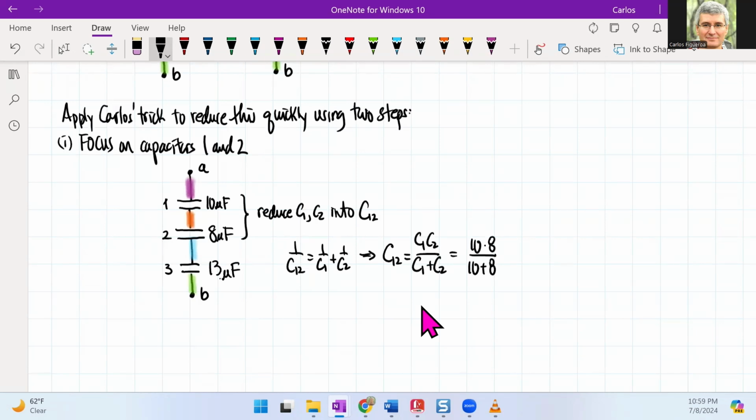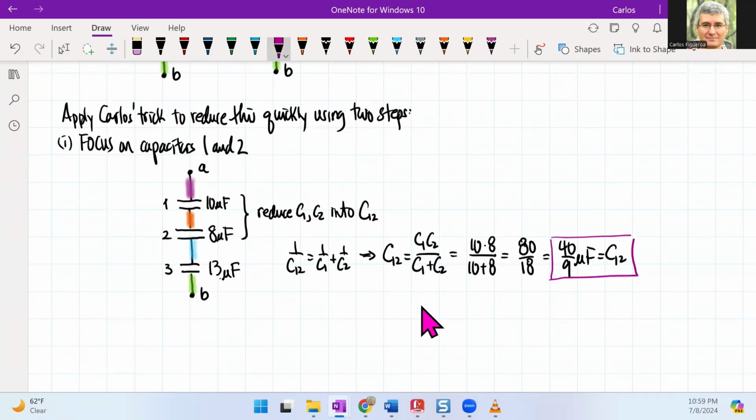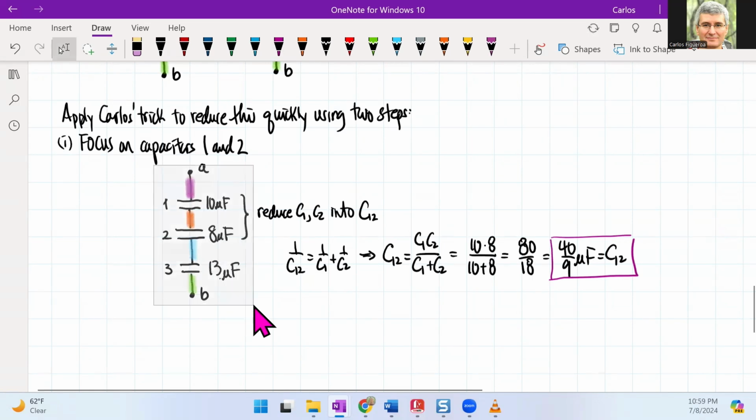If I look at my numbers, this is 80 divided by 18, which is then going to be 40/9 microfarads. So that tells me that I have a capacitance for those two guys that reads like this. So now, what does my circuit look like?